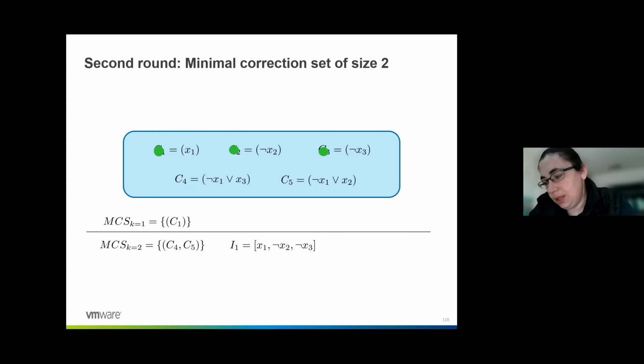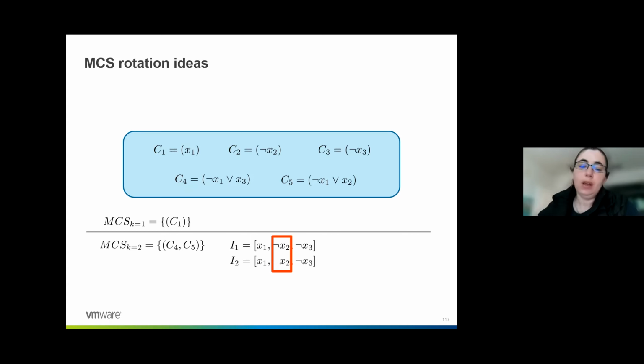The standard procedure would be to find the next solution of the satisfiable formula and block it. But let's try a very simple trick. We take the solution that we had and flip one literal. We flip x2 from not x2 to x2. It's exactly the same solution, but with one flip.